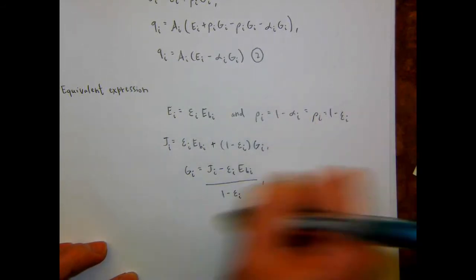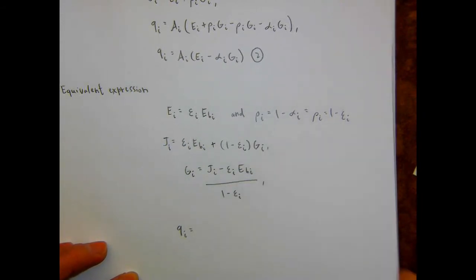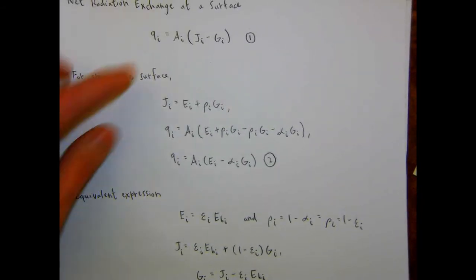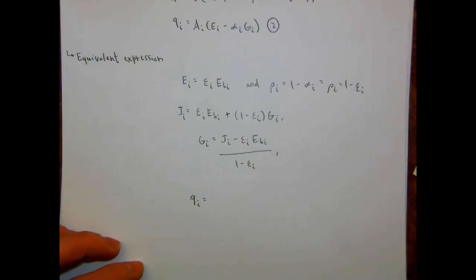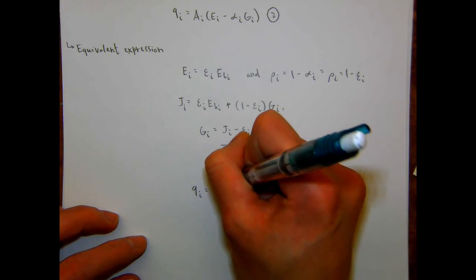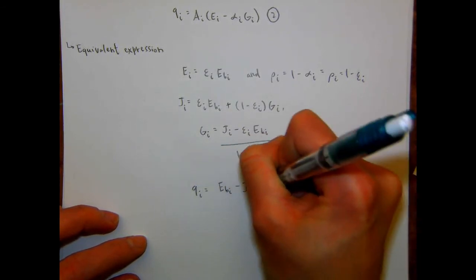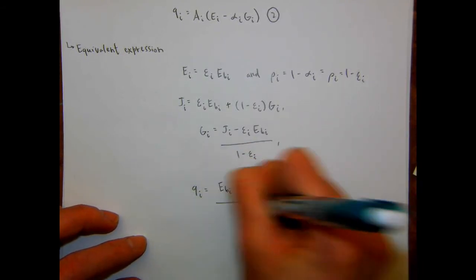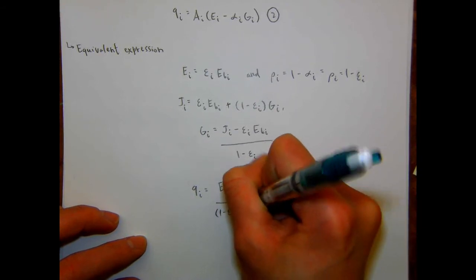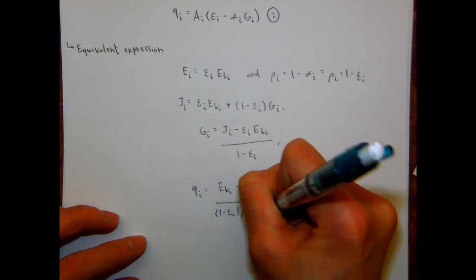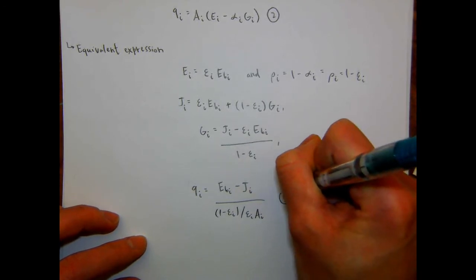And then finally, we can plug that into our initial equation up here, the radiosity minus the irradiation, and do some rearranging. And we're left with this expression. So third expression for Q sub I.